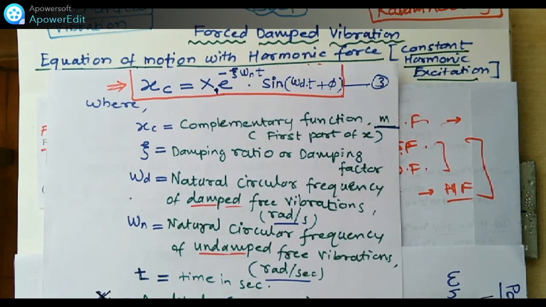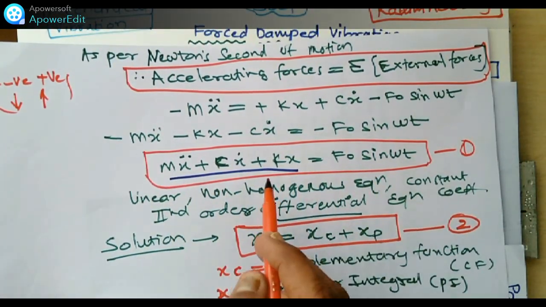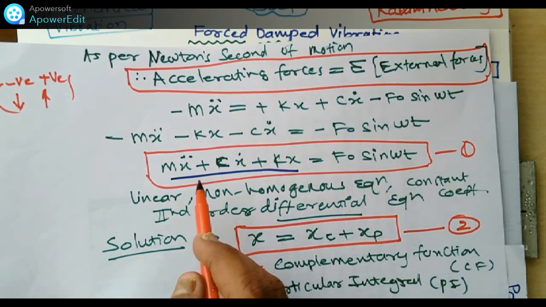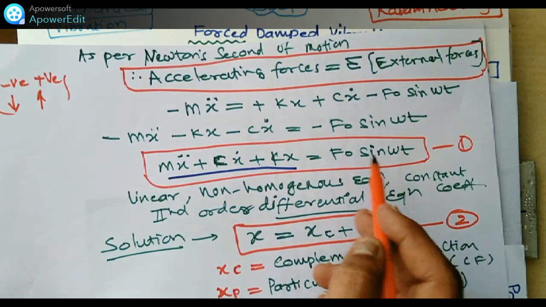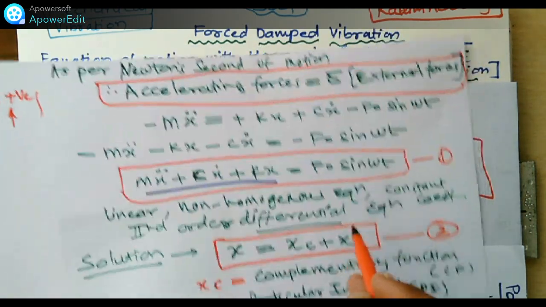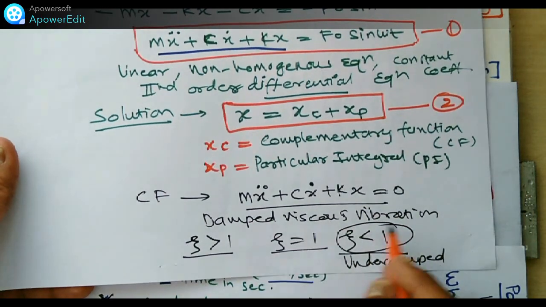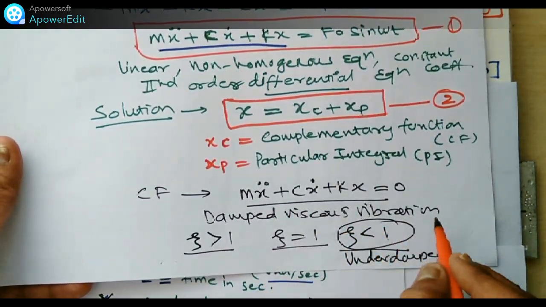The right hand side of this equation is taken as 0. Here it becomes the damped viscous vibration equation.